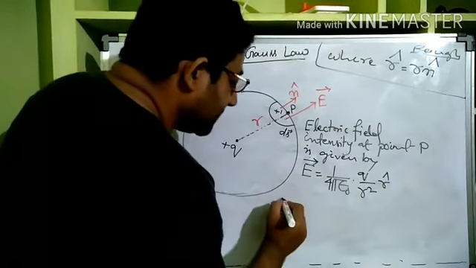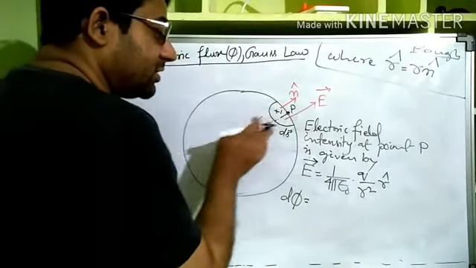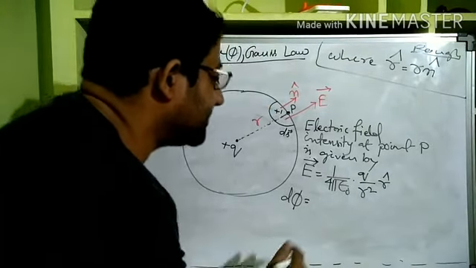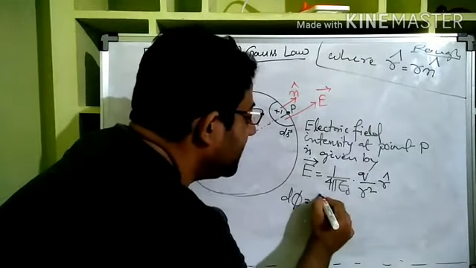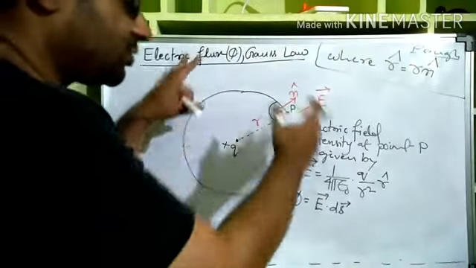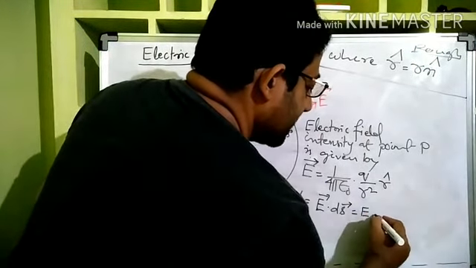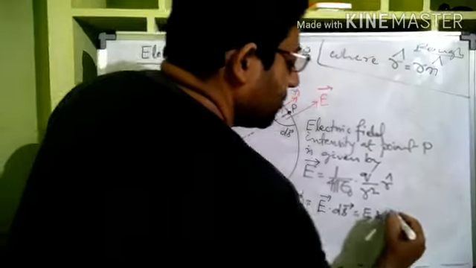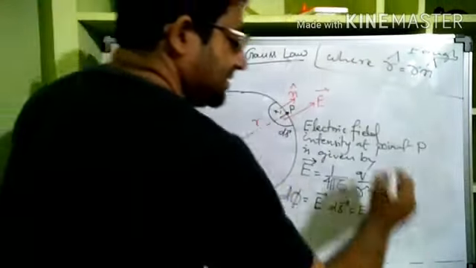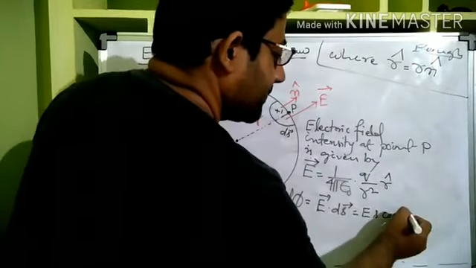What is the little flux through the small area element ds? Don't you think that d phi is equal to E dot ds, where s is the total area? So this is equal to E s cos theta, and theta is equal to 0 here. E and r are in that direction only, s is in that direction only, cos 0 is equal to 1, right?